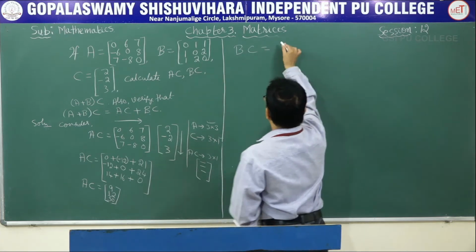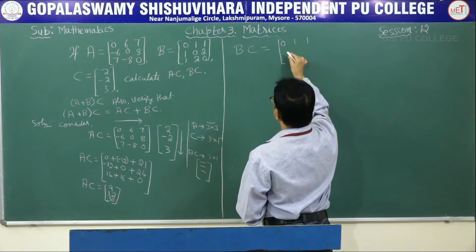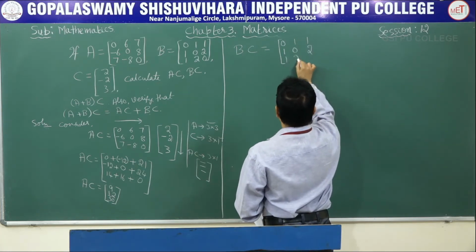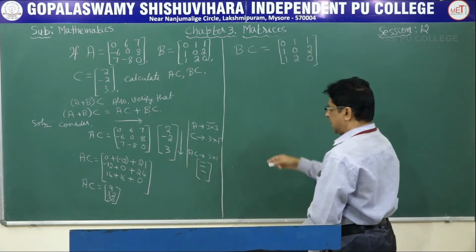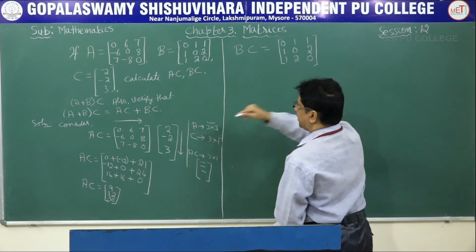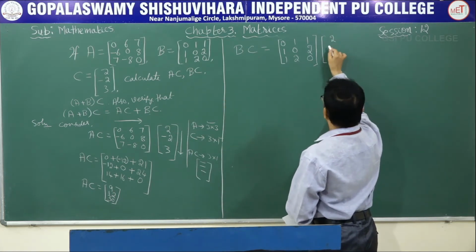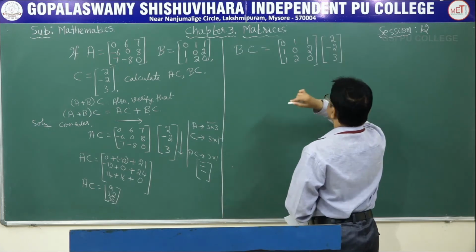So B matrix is 0, 1, 1, 1, 0, 2, 1, 2, 0, and matrix C will be 2, minus 2, 3.